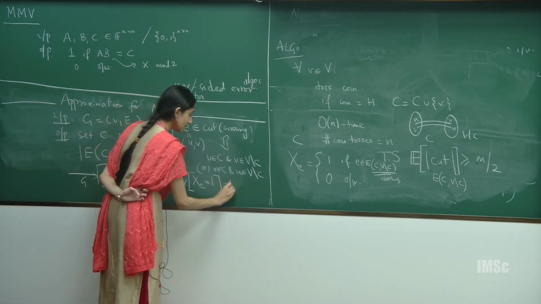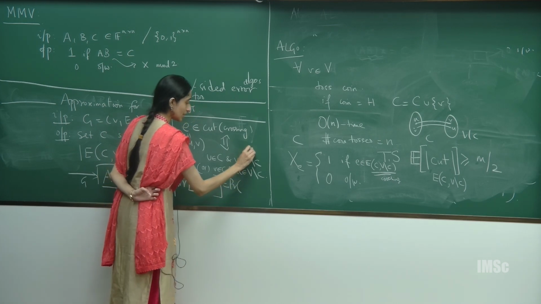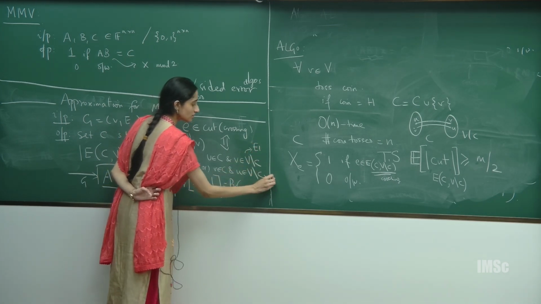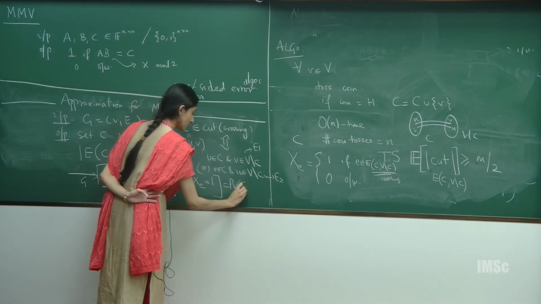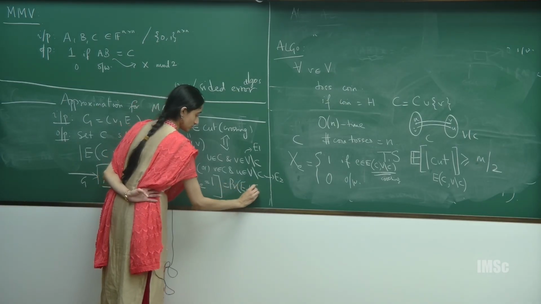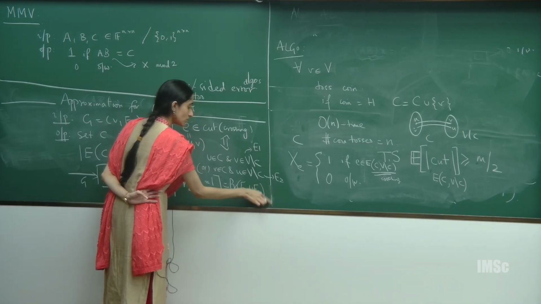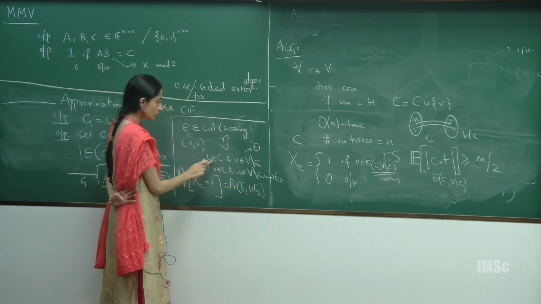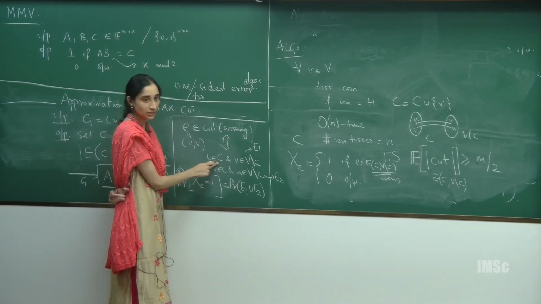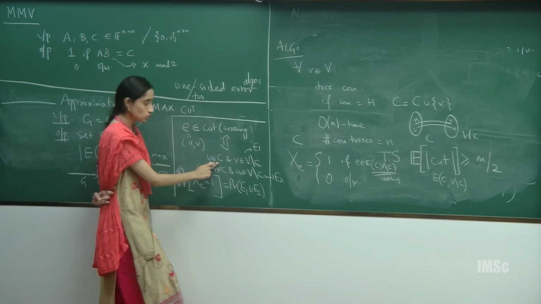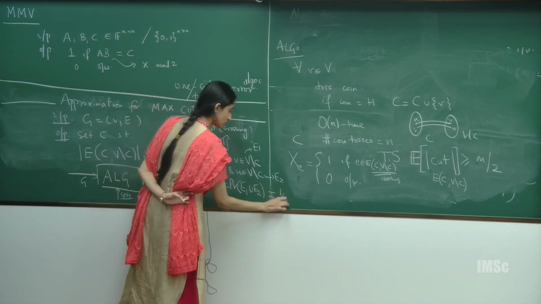So it's the probability that this event happens, let's call this E1, or this event happens, E2. Right? This is what you've done in school. So what is the probability that this event happens? First V should be put in C, which means you will toss a coin for V. If it's head, you are going to put it in the cut. So that happens with a probability half.